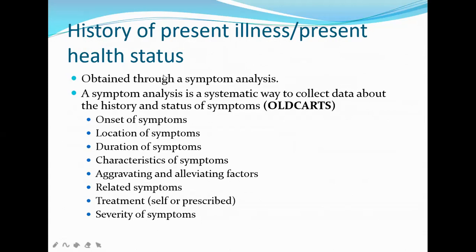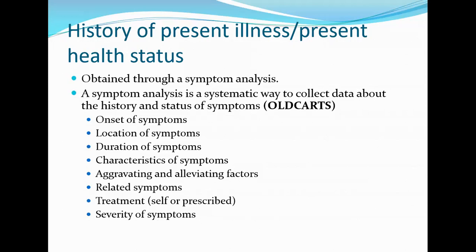Okay, so that is the history of present illness. History of present illness is basically an analysis of that particular complaint, to ask when it started and how it started, to ask the location, the duration, the characteristics, aggravating and alleviating factors, related symptoms, treatments taken, and the severity of the symptom.